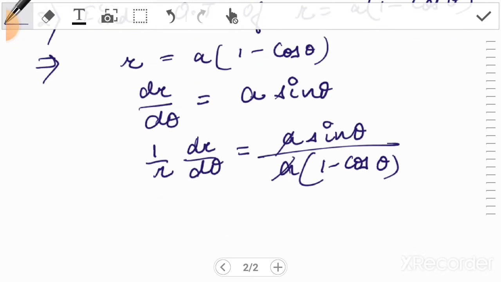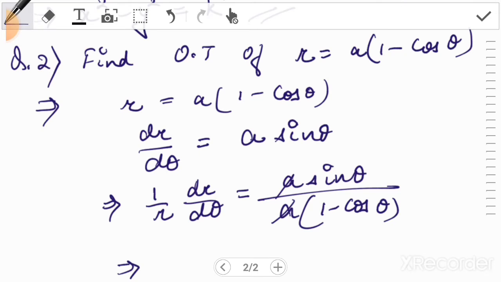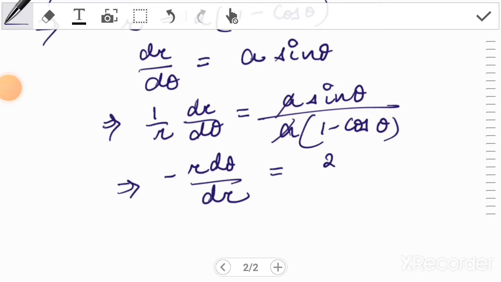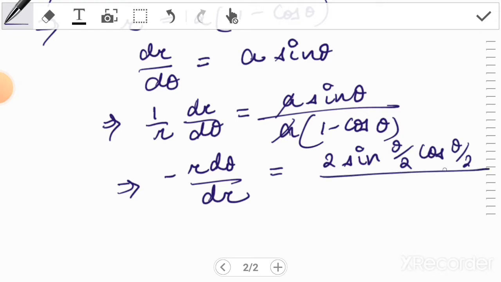Then we have, replace 1 by r dr by d theta by minus r d theta by dr. So replace by minus r d theta by dr, which is equal to 2 sin theta by 2 cos theta by 2 divided by 2 sin square theta by 2.